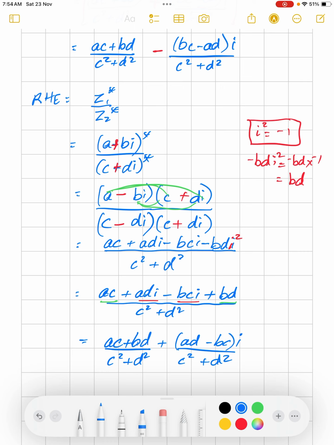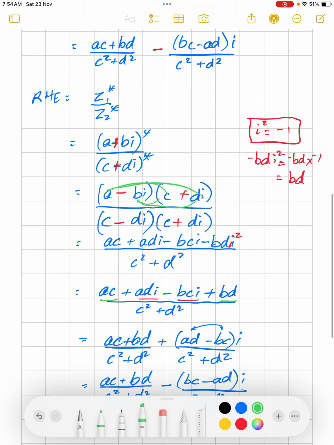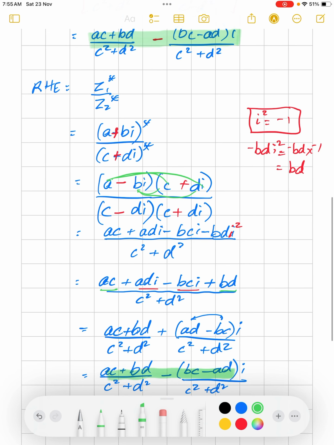What we could do here is, if we change the order, let's leave that as AC plus BD over C squared plus D squared. If we want a minus there, we change the order here, so that would be BC minus AD. And just to get an identical expression to the left-hand expression, we have AC plus BD. The right-hand expression, we have an identical expression. So you can see it's identical.